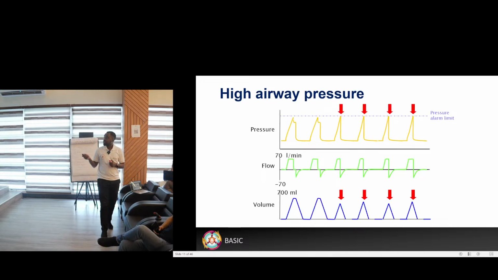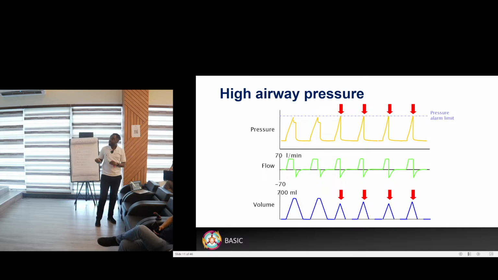So on your ventilator, it depends on what mode you're using. You can appreciate the pressures here. For example, in a volume mode, you have set your ventilator pressure upper limit to be 40 centimeters of water.